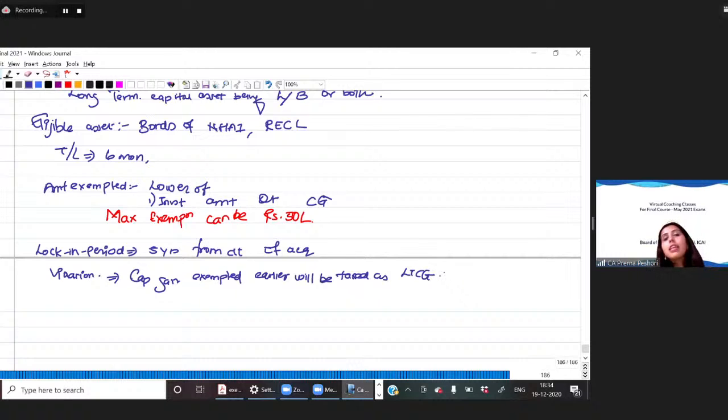Now tell me one thing. What if it is a case of a building on which I have claimed depreciation and I have sold that building? It was forming part of a block of asset. I was claiming depreciation on that because I was using it for my business.